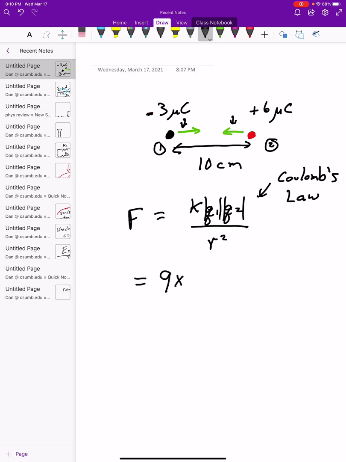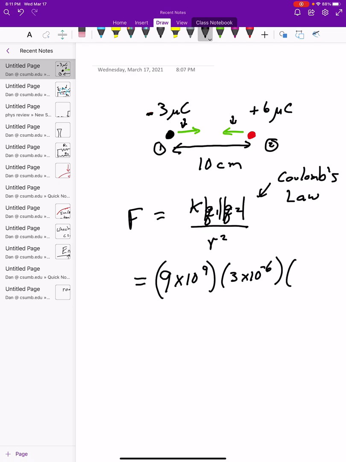K is 9 times 10 to the 9th, that's the size of K. And the units of K are Newton meter squared per Coulomb squared. But when I multiply that times the two charges, I have the absolute value of negative 3 microcoulombs is 3 times 10 to the minus 6 coulombs.